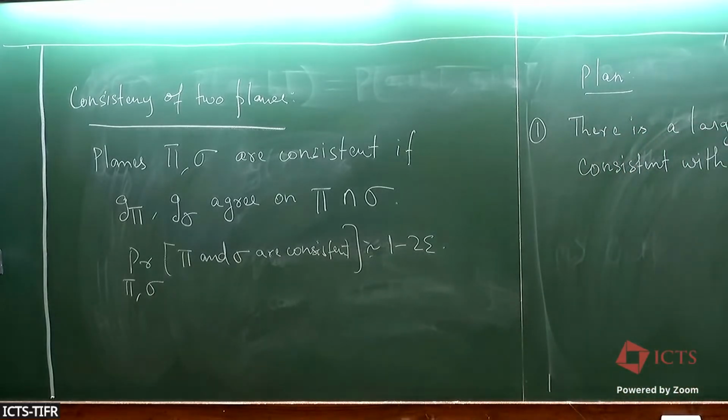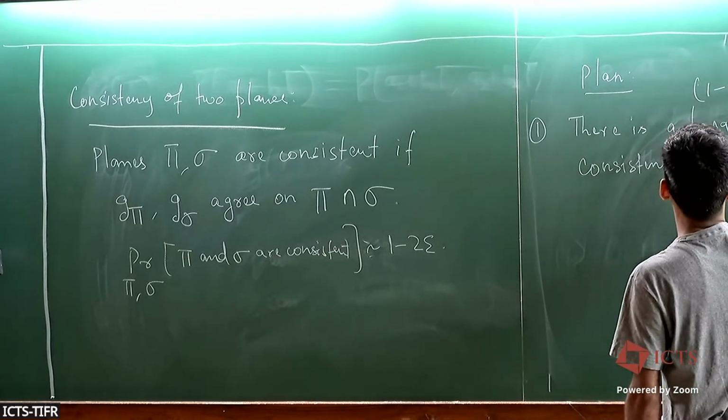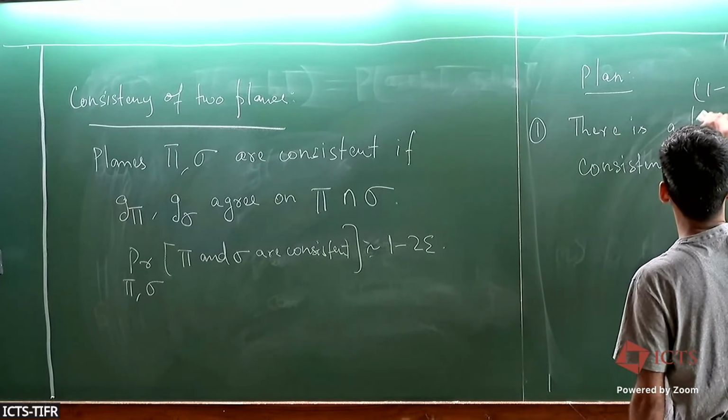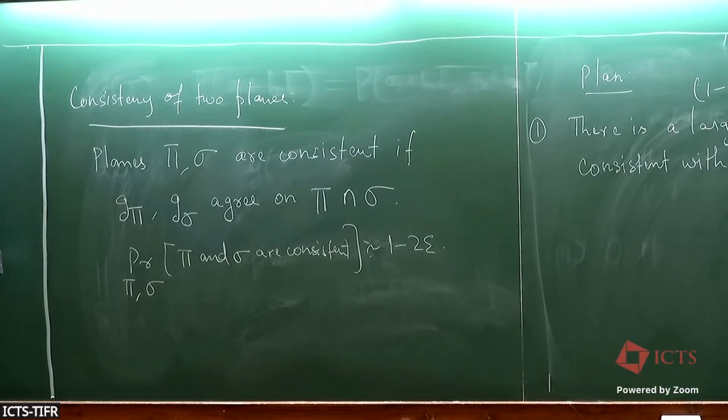How large? Pretty large. Something like 1 minus 10 epsilon, this set will contain something like a 1 minus 10 epsilon fraction of all planes. So there's a large set of planes that are all consistent with each other. This would be the first part of the argument.